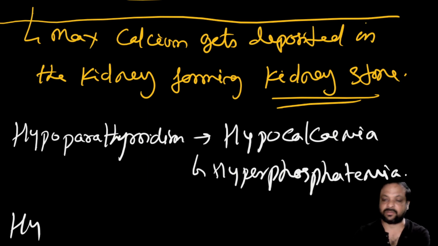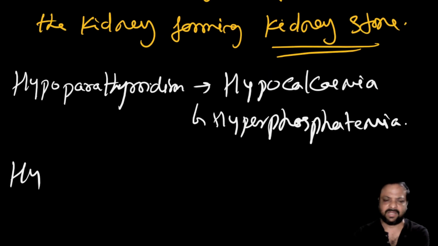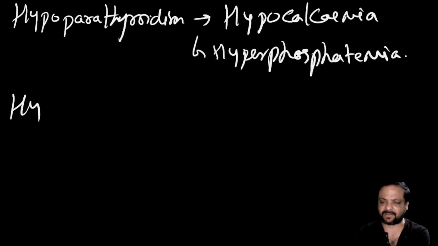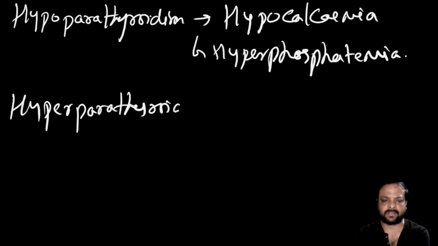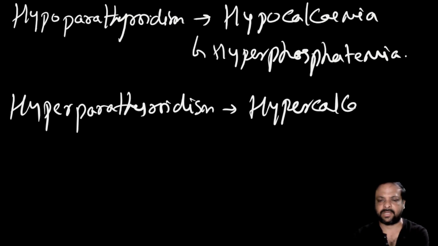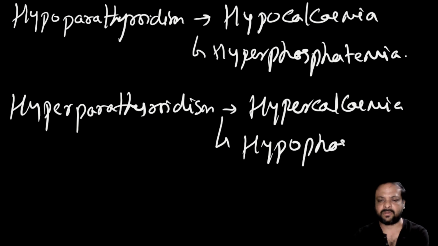But in hypersecretion, that is hyperparathyroidism, we find the opposite condition takes place, that is hypercalcemia, an increase of calcium and a decrease of phosphate, called hypophosphatemia.